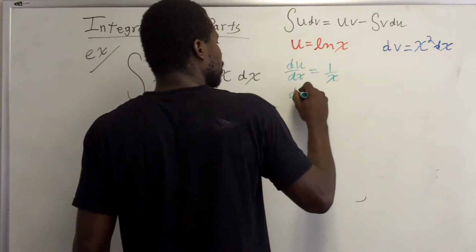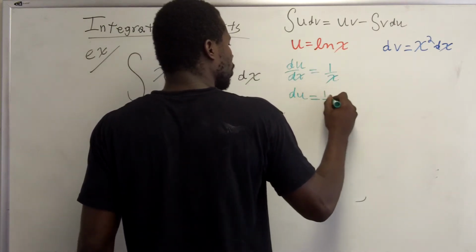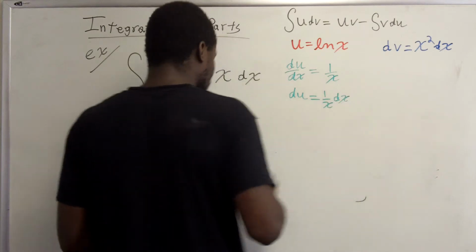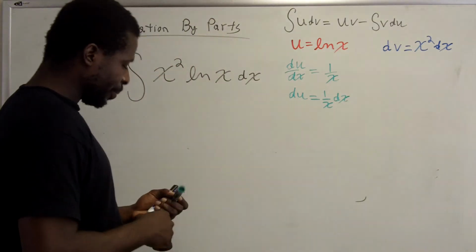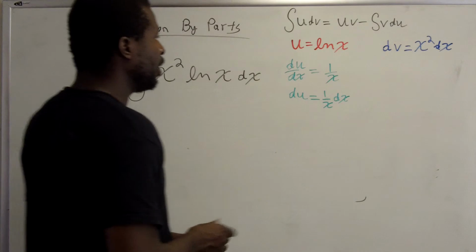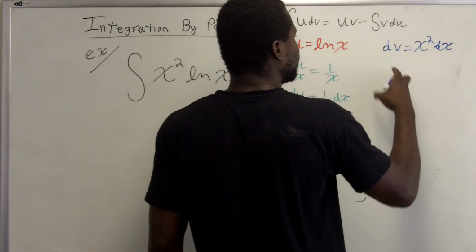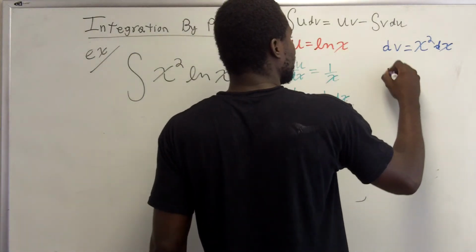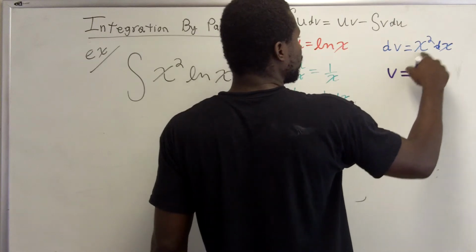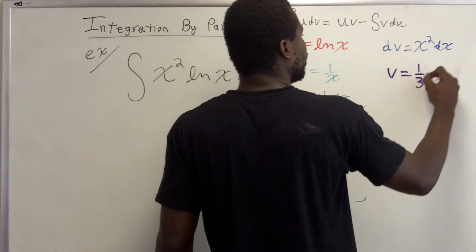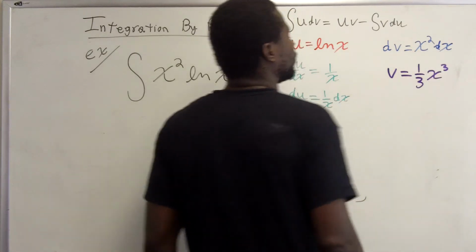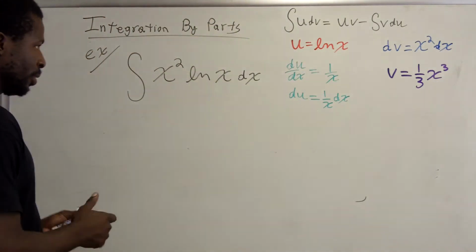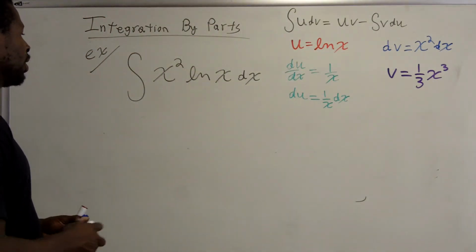So it turns out that du is equal to 1 over x dx. So there I have my du. And v, well, in order to find v, I integrate dv. Integrating dv gives me v, and integrating x squared, I get 1/3 x cubed. So there I have all the parts I need.